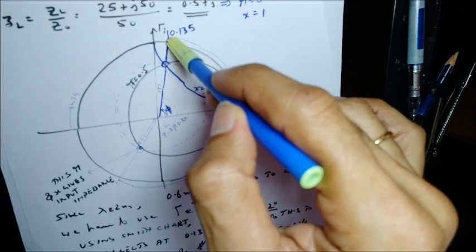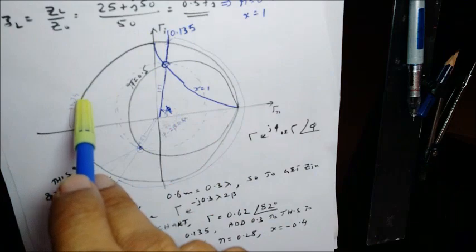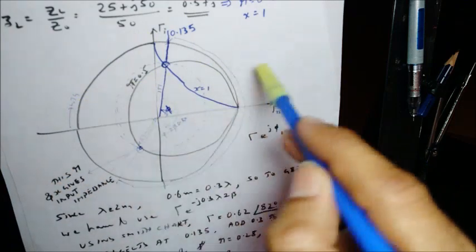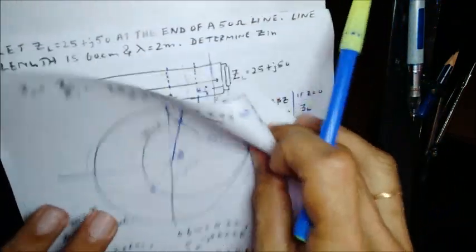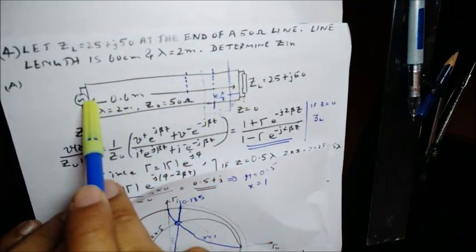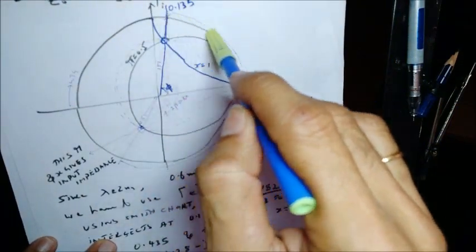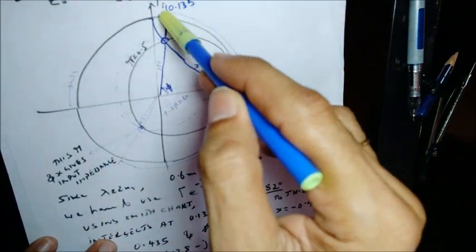Now what is happening is that the input impedance which I have to find out is at a distance of 0.3 lambda from the load. So instead of going full 0.5 lambda, I have to go only 0.3.